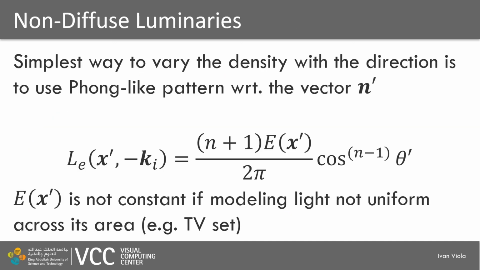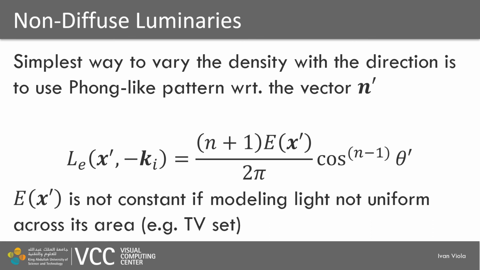In case we would like to use non-diffuse luminaires, this means that they will not be emitting the light in the scene uniformly, where each angle on the hemisphere has light emitted with equal probability.